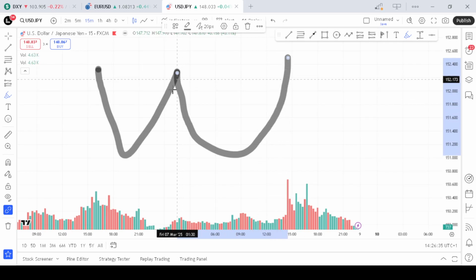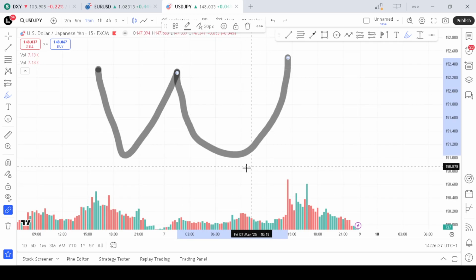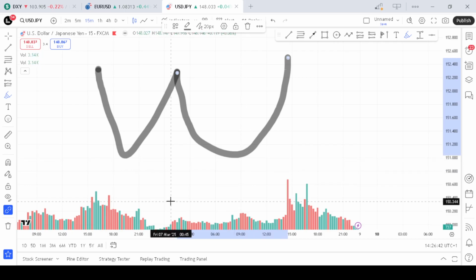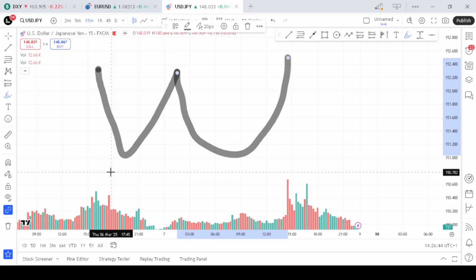This is how the Eve pattern is going to be. This round shape indicates reduced volatility compared to the Adam. In a bullish reversal, the Eve forms as price stabilizes after the initial drop, while in a bearish reversal, it forms as price steadies after the initial rise.